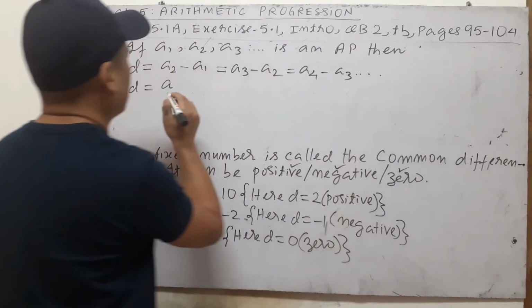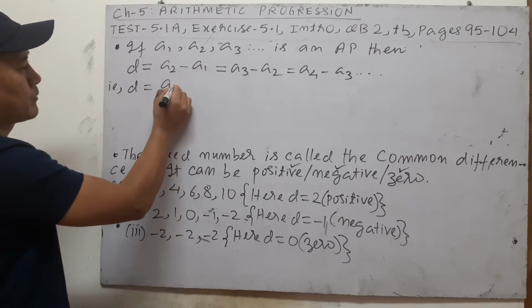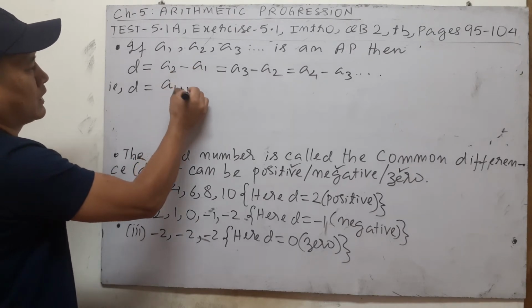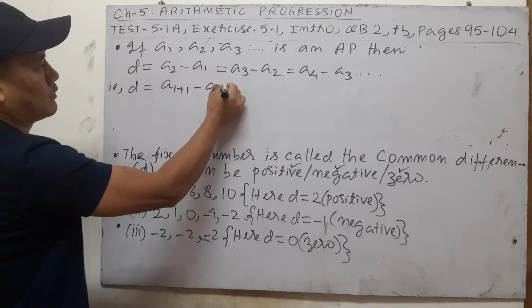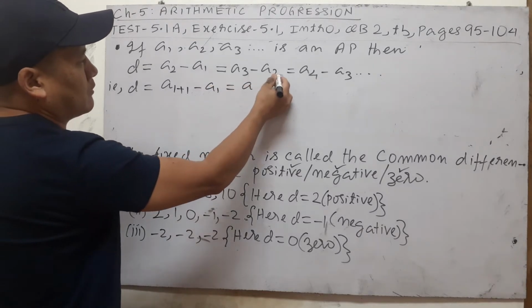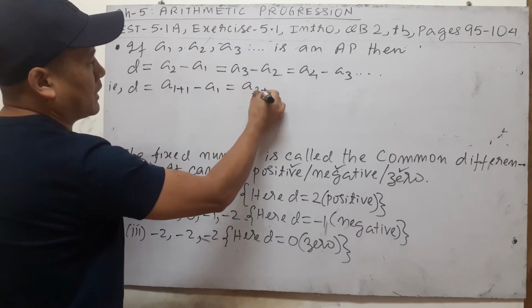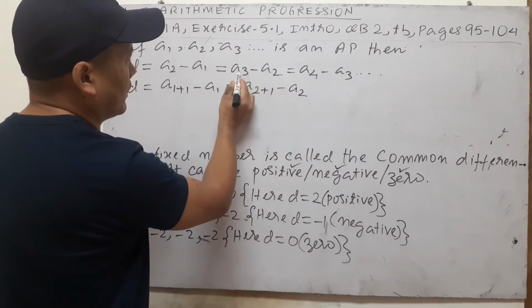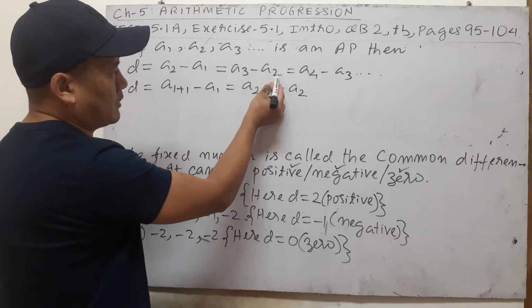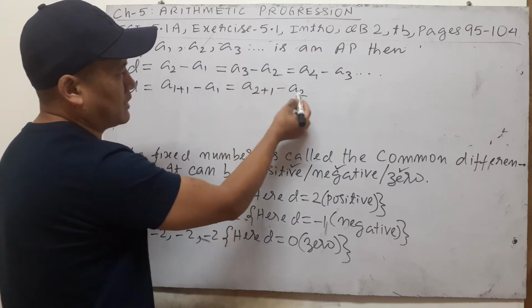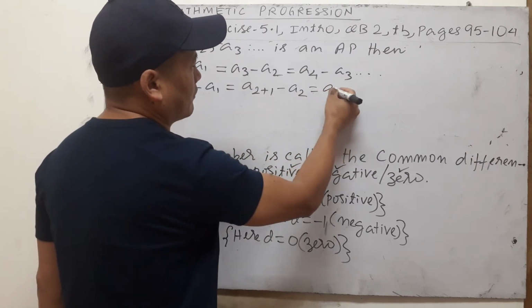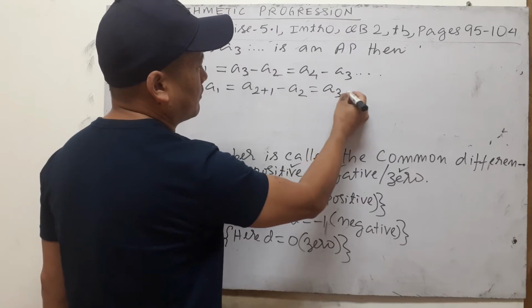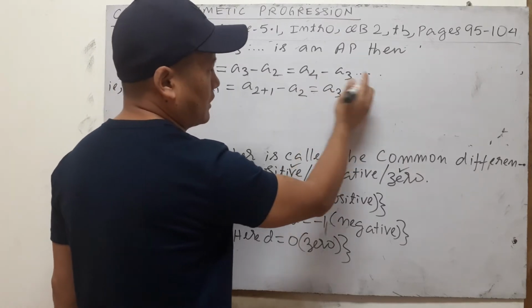So let us do this here. Take this one: 1 plus 1, minus A1. Look at this one: 2 plus 1 gives 3, minus A2. A3 can be written as this; look, 2 plus 1, 3, matching. Then A4: 3 plus 1, 4, matching.